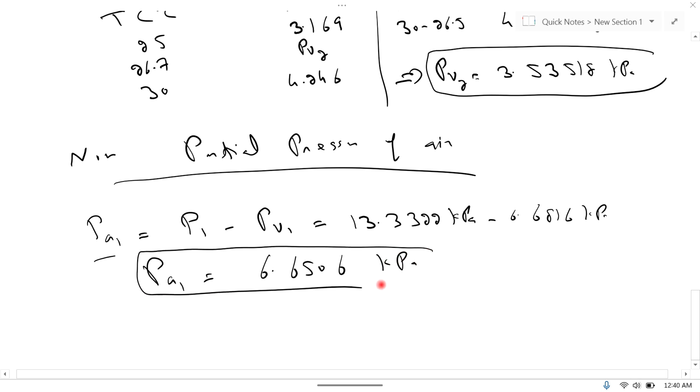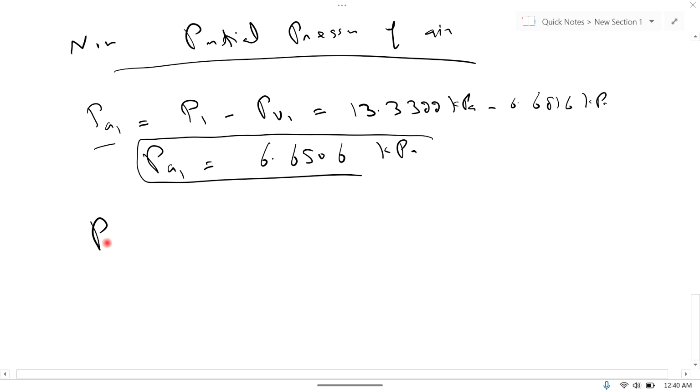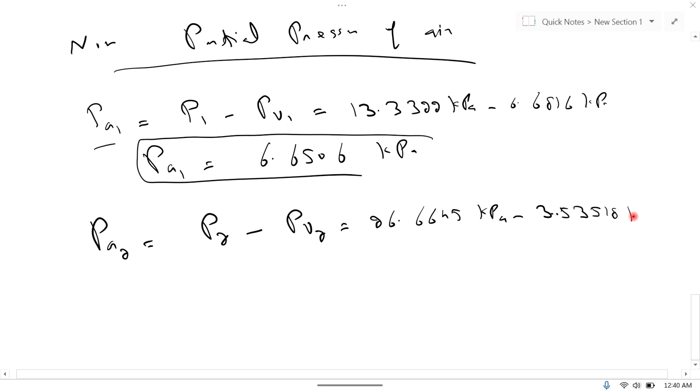And pressure of air finally, PA2, is equal to P2, total pressure finally, minus pressure of vapor finally. P2 is given to us as 26.6645 kilopascal minus PV2, which is 3.53518 kilopascal.